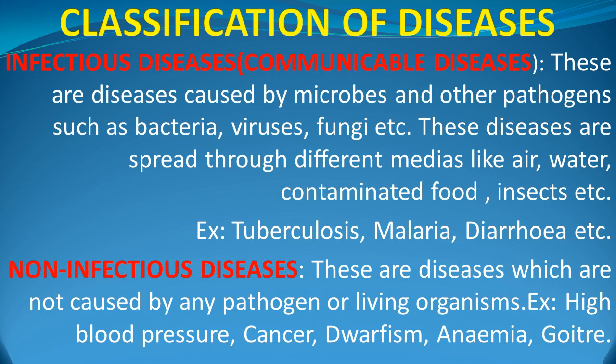Infectious diseases, as we know, are also referred to as communicable diseases because all these diseases are actually caused by microbes and pathogens. So those diseases which are caused by pathogens are called infectious diseases, say for example bacteria, virus, fungi, etc. These communicable diseases spread through different media like air, water, contaminated food, insects, etc. Examples for this category are tuberculosis, malaria, diarrhea, etc. Non-infectious diseases, on the other hand, are diseases which are not caused by any microbes.